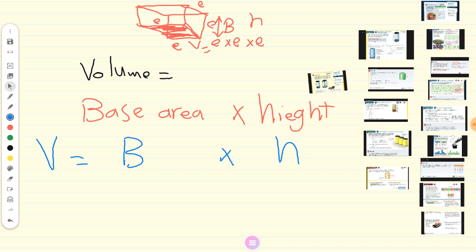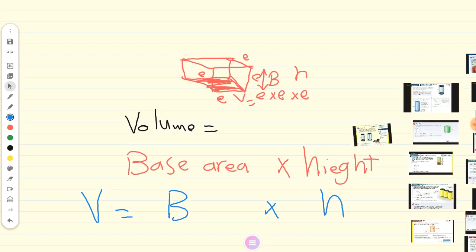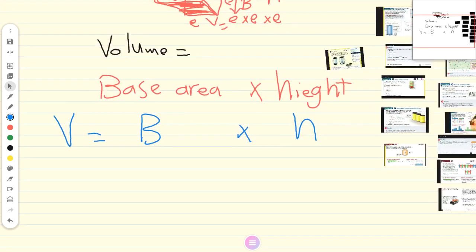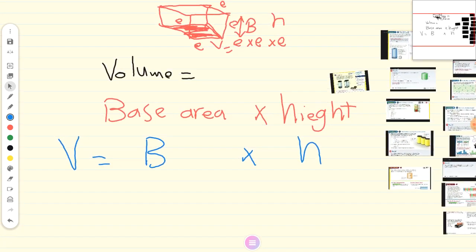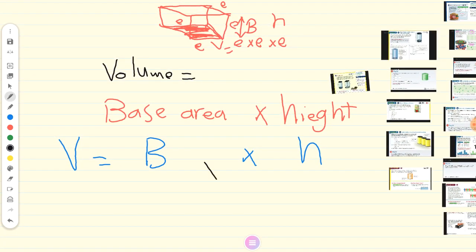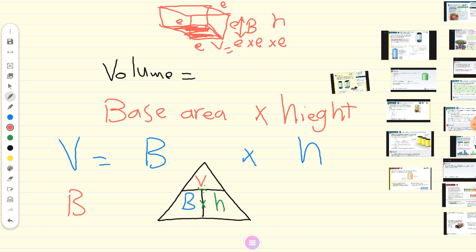By the way, we can put it in a magic triangle. Volume equals base area multiply height. Here multiply and here divide. So V equals B times H. If we want to find B and they give me volume and height, it will be volume over height.